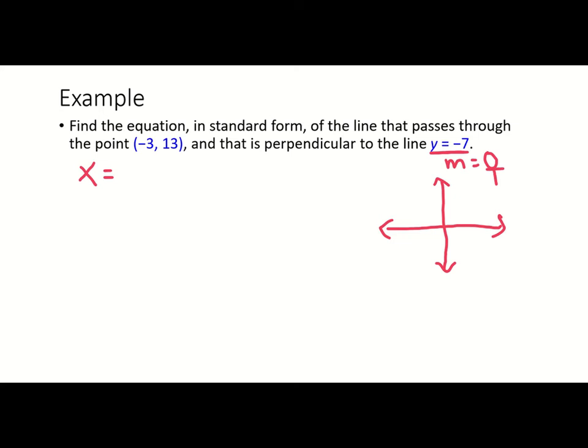If our point is negative 3, 13, that our line goes through, and we know our equation is x equals, what is the equation of this line? All you really need is your x value. So it's going to be x equals negative 3. That one is a tough one because you have to use a lot of prior knowledge and kind of fish out the information a little bit.